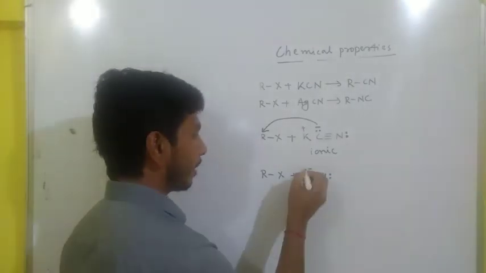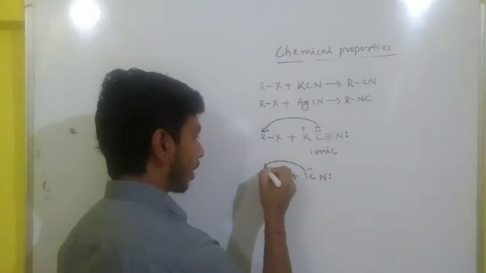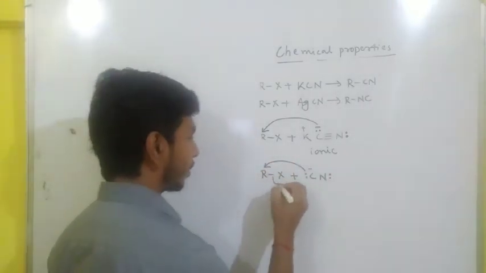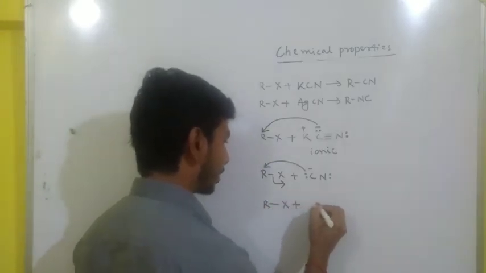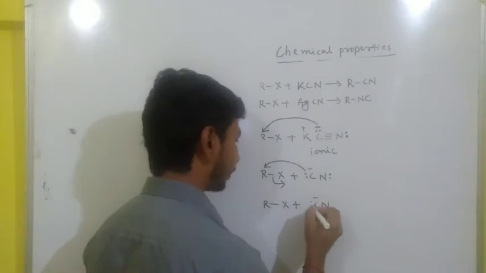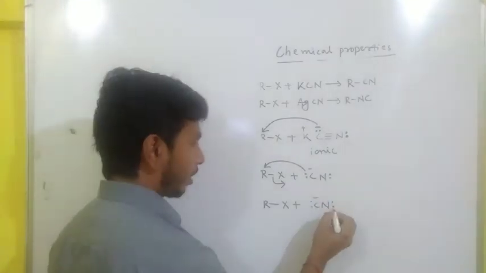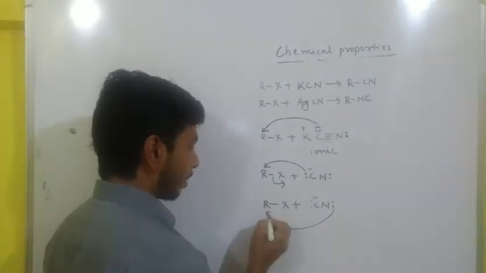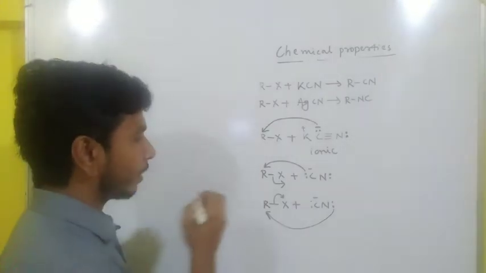So one possibility is that the carbon with its electron pair attacks this alkyl group and the halogen is removed. The other possibility is that nitrogen attacks the alkyl group and the halide is removed. So these are the two possibilities.